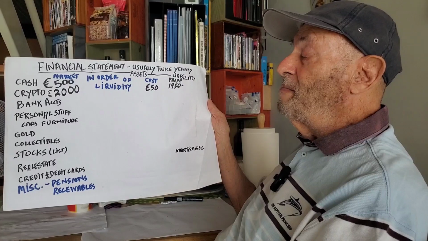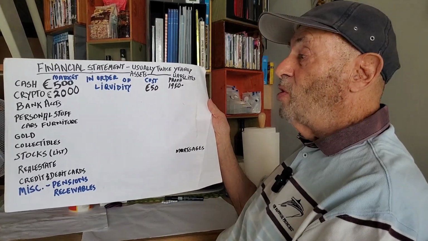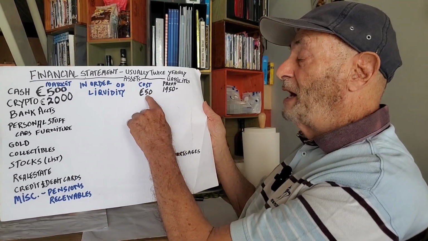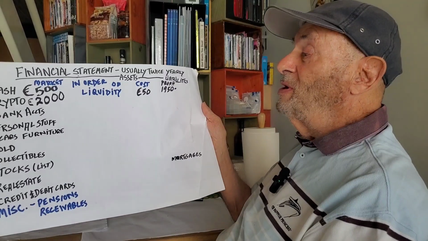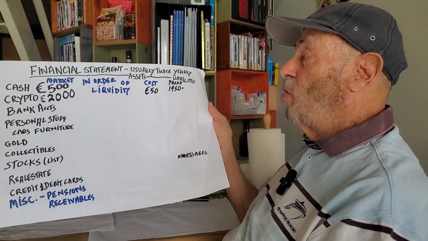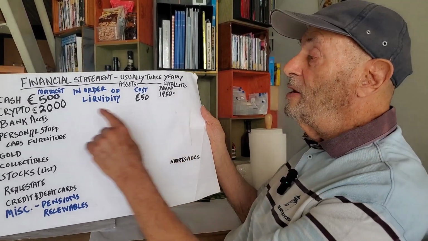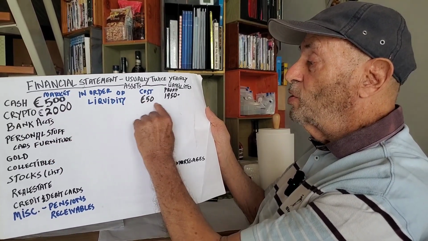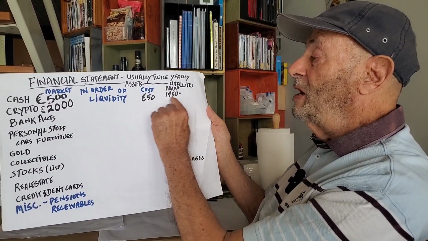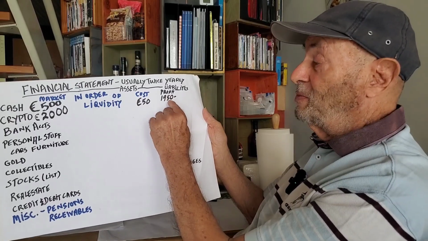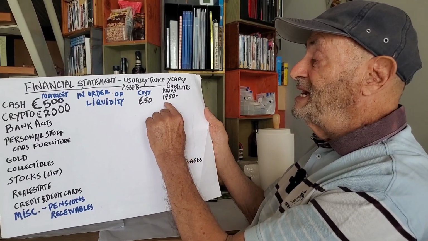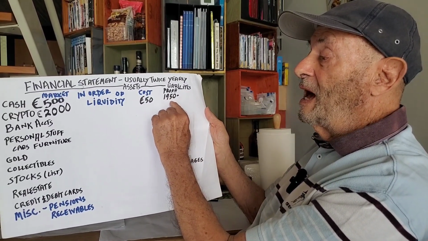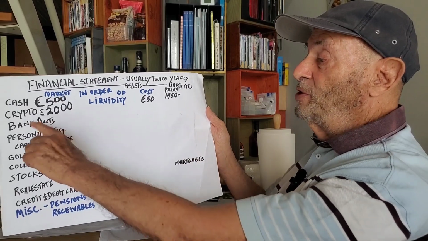Then you look back and see what it cost you. Well, aren't you lucky? It cost only $50 3 years ago. So you put in the present market value, the cost, and your profit or loss. It could be a loss, but you have $1,950 in profit on your crypto.